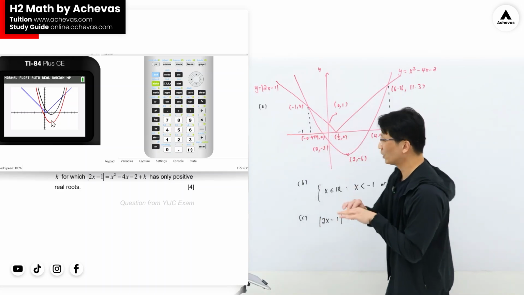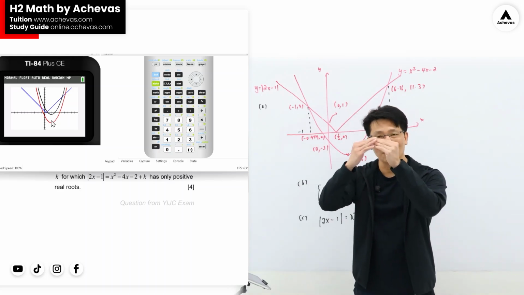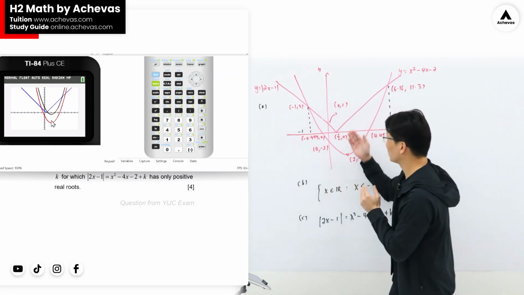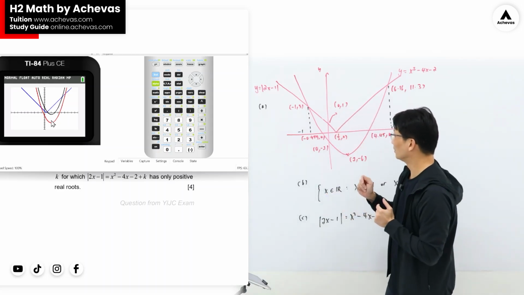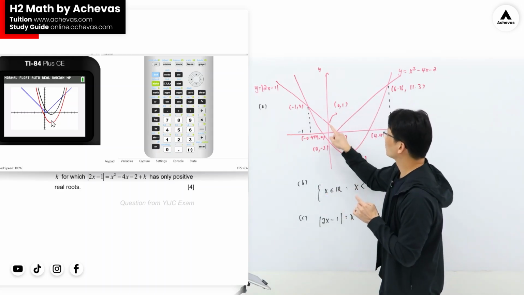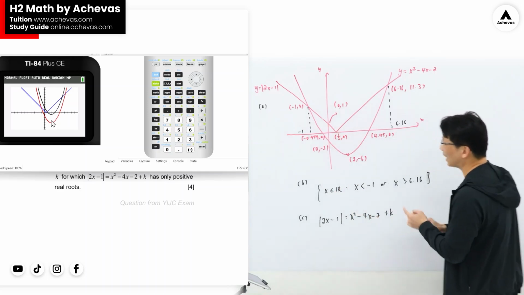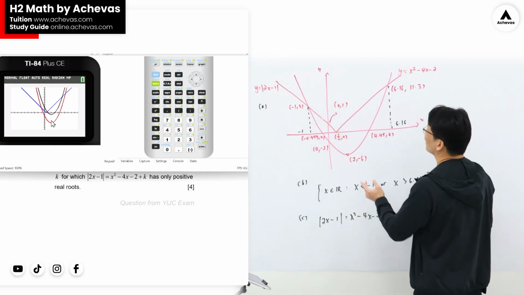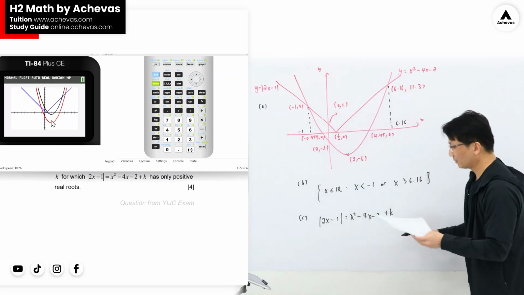And this will be the threshold whereby when it's slightly moved out a bit, it will become all positive roots. And if we move it down a bit, you will have a negative root. So this is the critical point that we will be looking at.